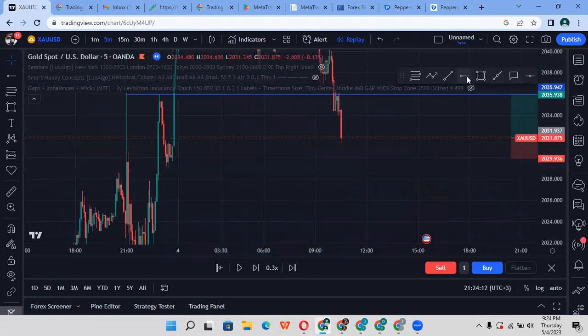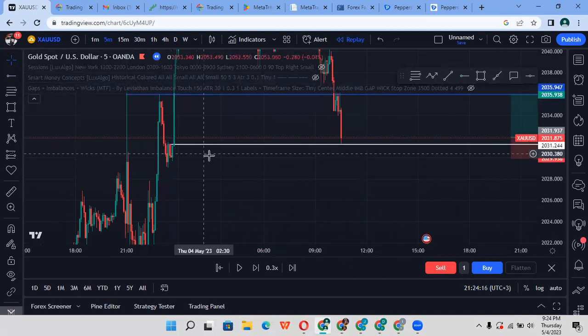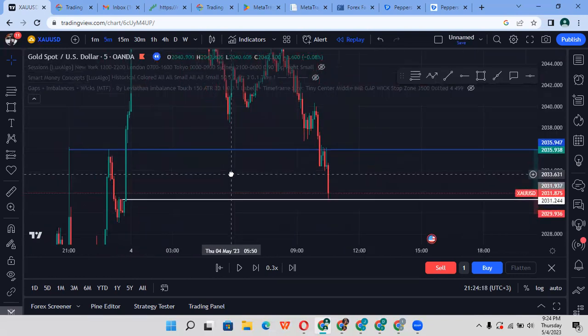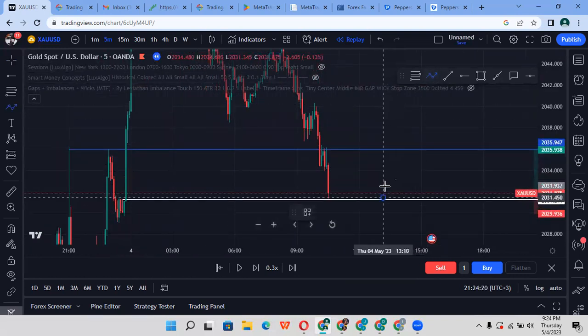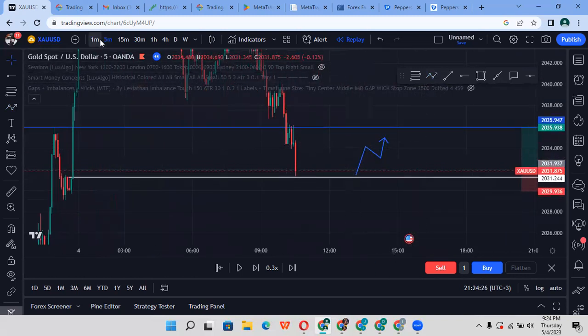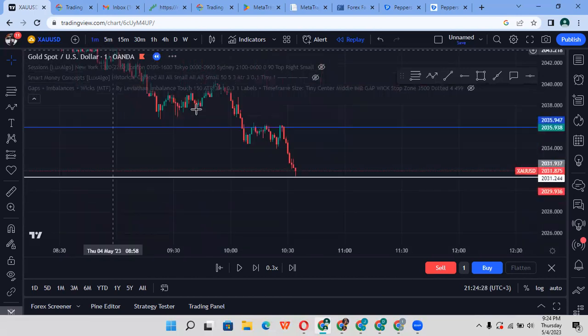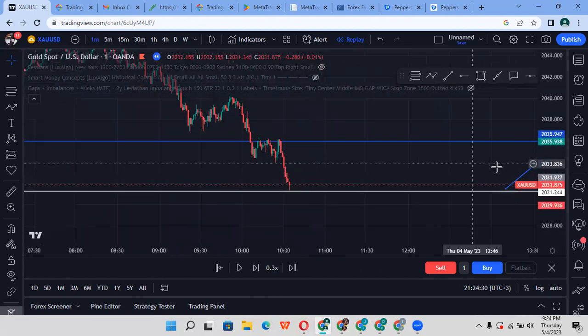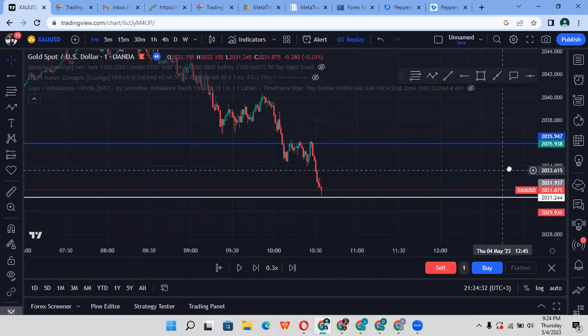Let me show you how I draw my demand zones. I usually draw my demand zones using a straight line. I'm expecting price to come up here and give me a movement. I'm just looking for 10 to 20 pips. So I'll go to the 1 hour time frame to take a look at my sniper entry.